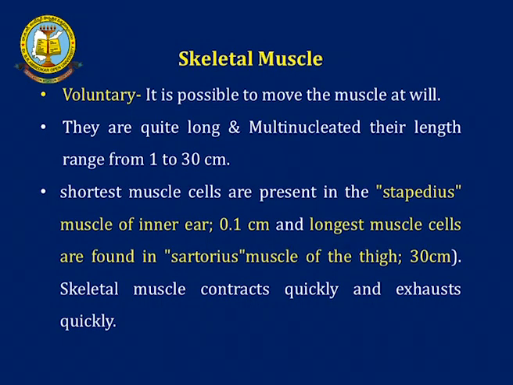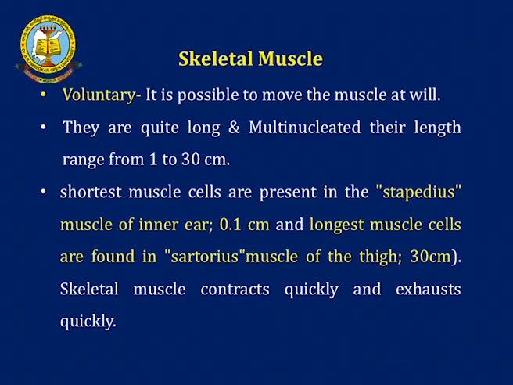It is also called voluntary muscle because it is possible to move the muscle at our will. As it is controlled by us, it is called voluntary muscle, and the cells are quite long and multinucleated.